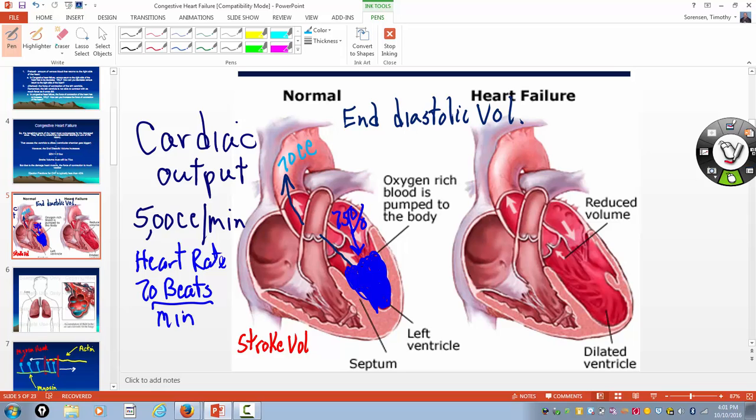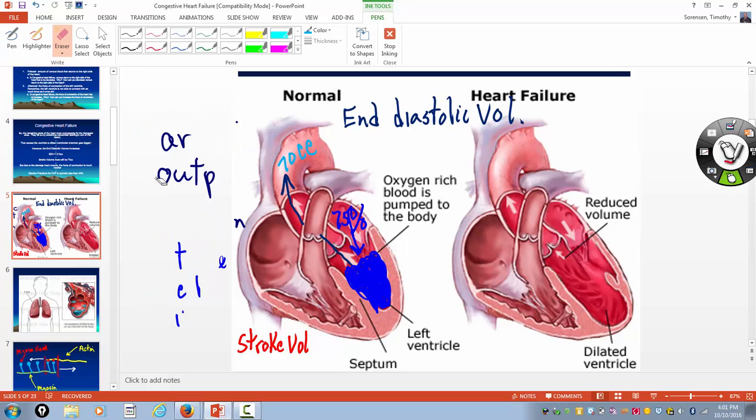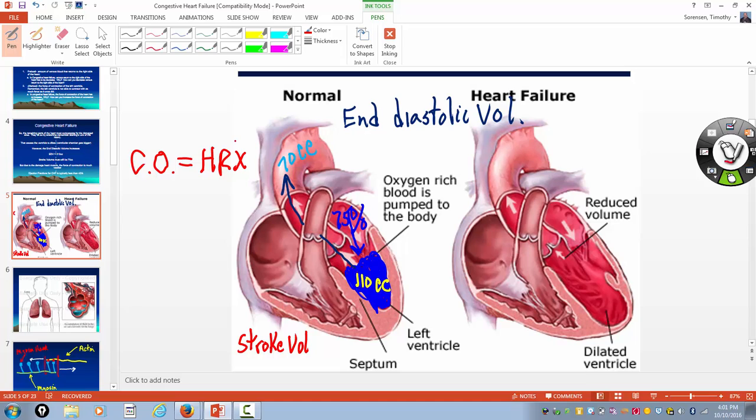So, if we look at what cardiac output is, cardiac output is abbreviated CO, right? Big C, big O, and that's equal to your heart rate times your stroke volume. So what's your normal cardiac output? Normal cardiac output is 5,000 cc's per minute.